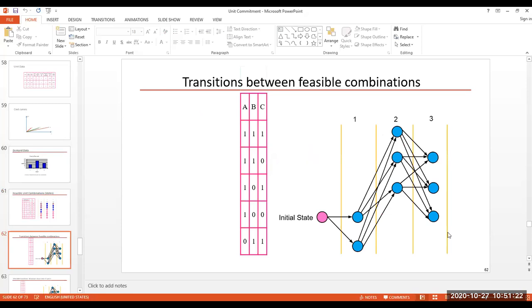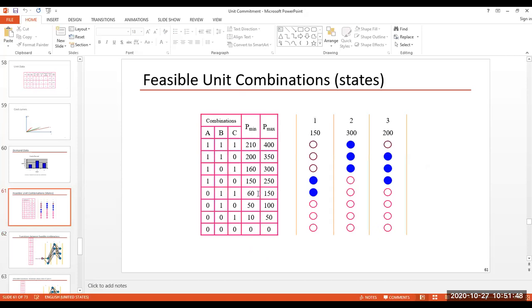So now we go for the transition, because we have a 3-hour unit commitment problem. We have to find out what the possible pathways are for progressing from one hour to another. From hour 1, from the initial state, what are the possible choices? Out of these 8 combinations, 2 to the power 3, how many fall within the category of feasible states? 1, 2, 3, 4, 5.